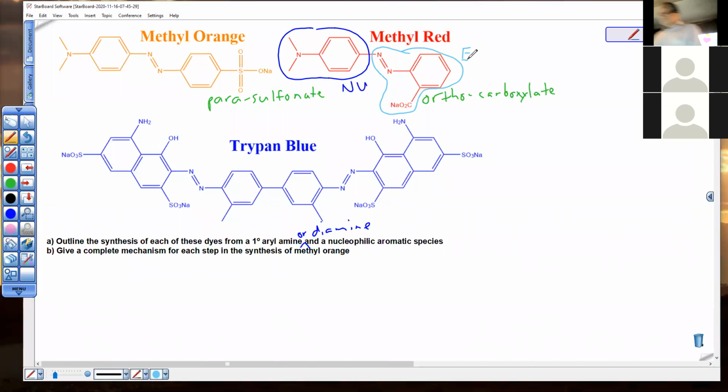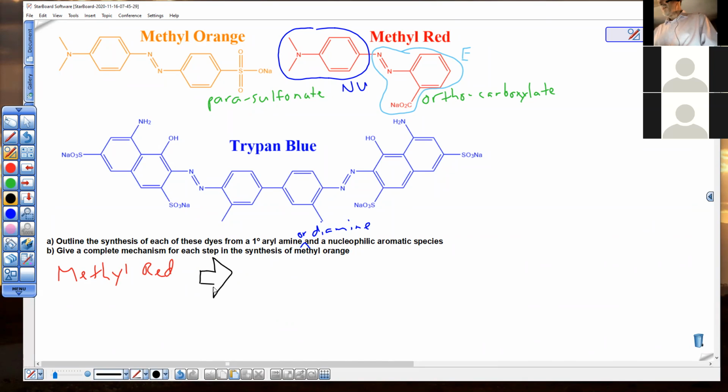And that broke down to, let's do methyl red. Try to come up with a fairly nice retro arrow here. Oh well.